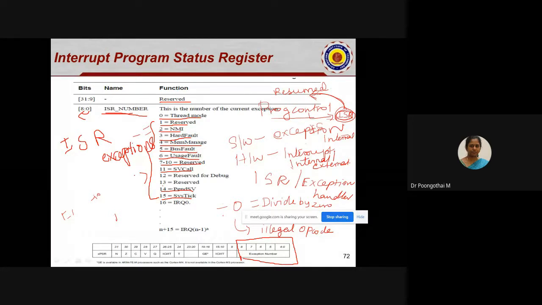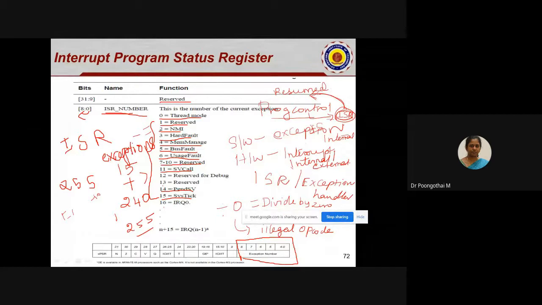Your NVIC unit, the nested vectored interrupt controller, supports 255 interrupt requests. Under these 255, we have 15 exceptions plus 240 hardware interrupts.